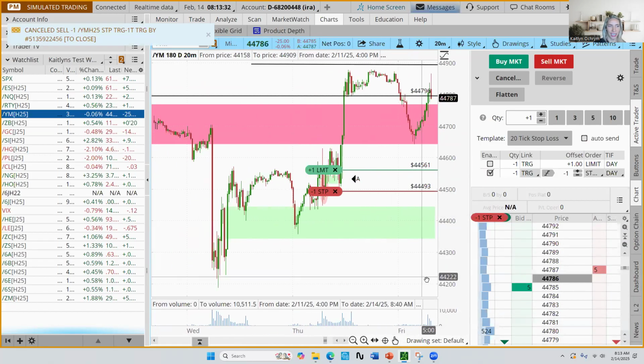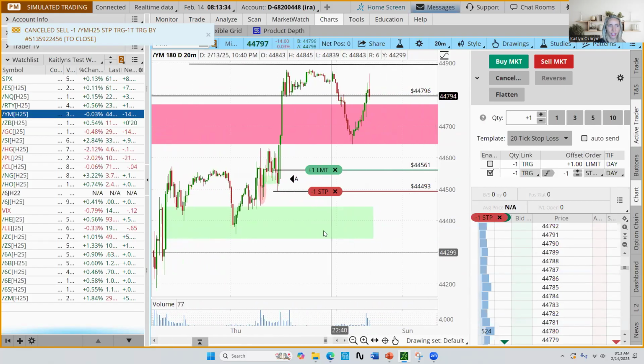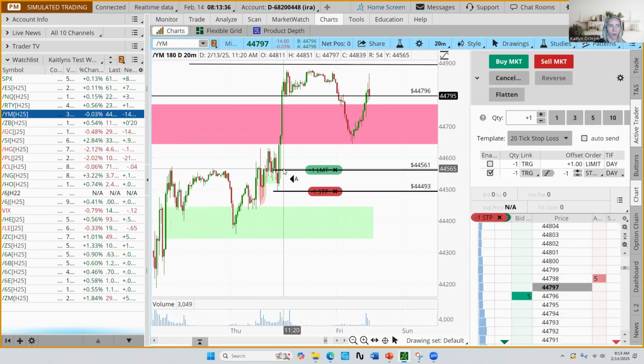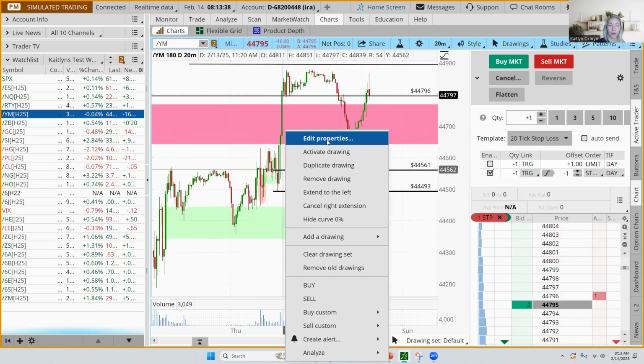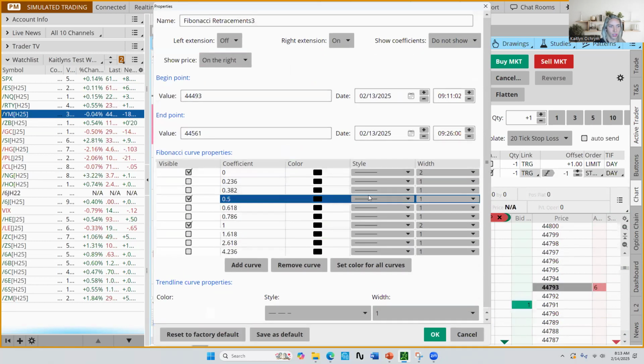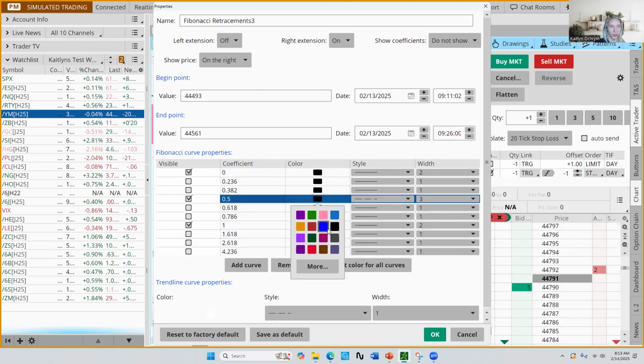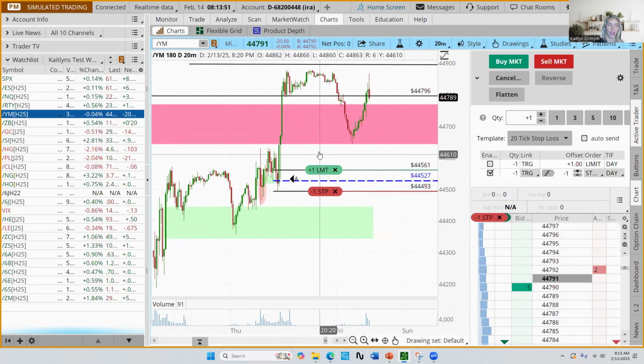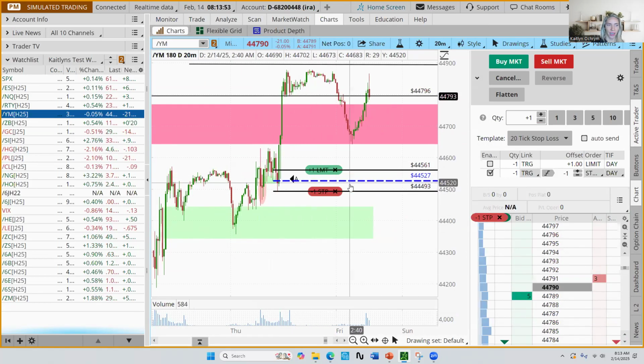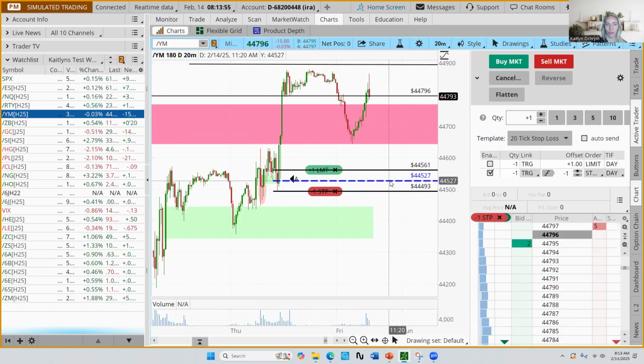One strategy I like is that if your zone is too large, I will put on a 50% zone marker. By making the 50% line thicker and blue, that can allow me to do a smaller zone, so less risk.